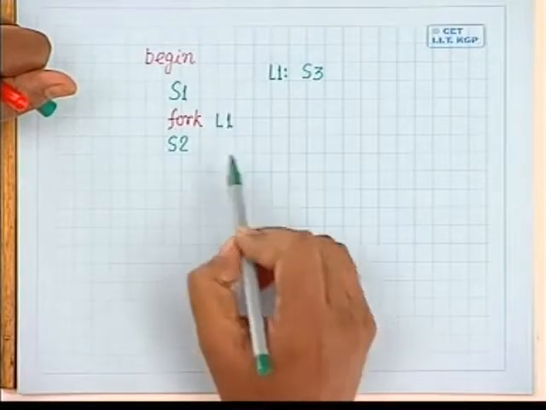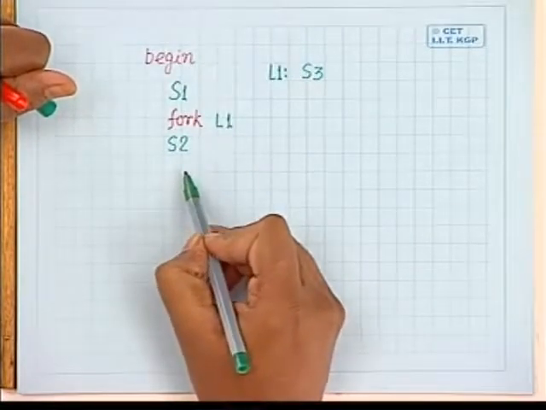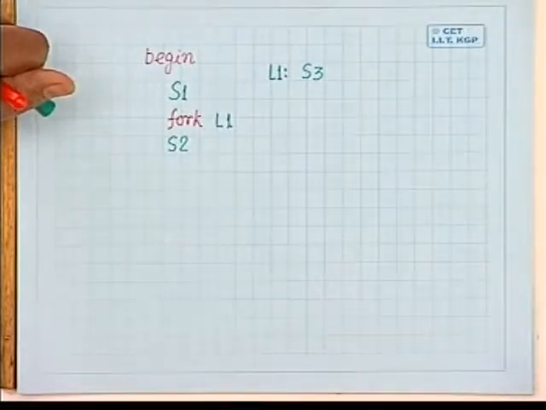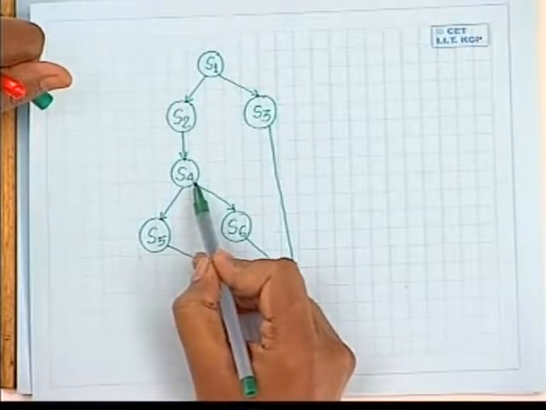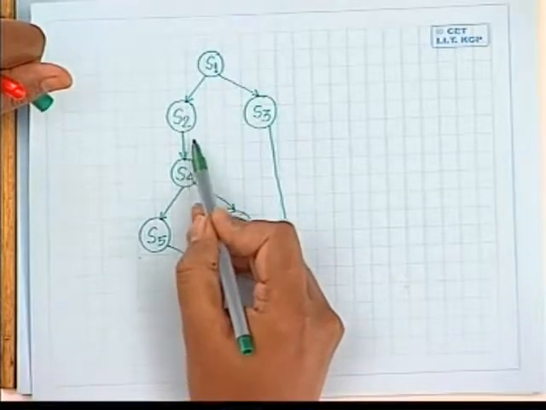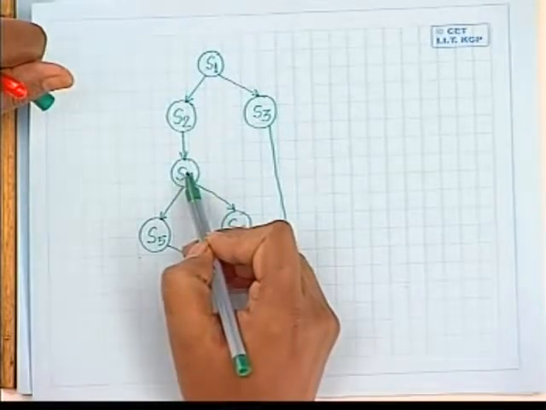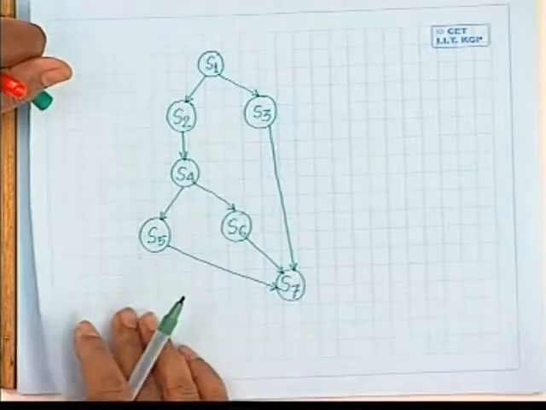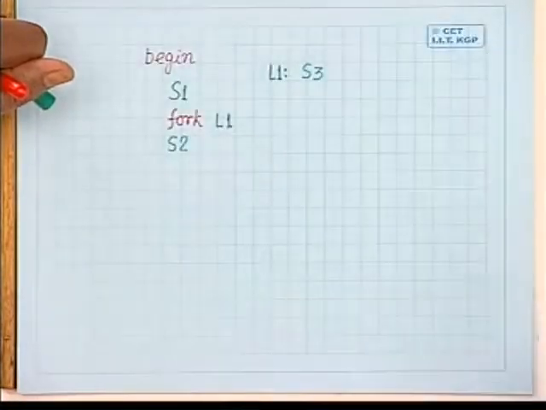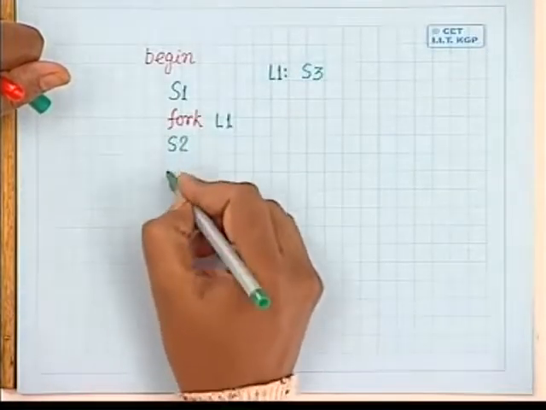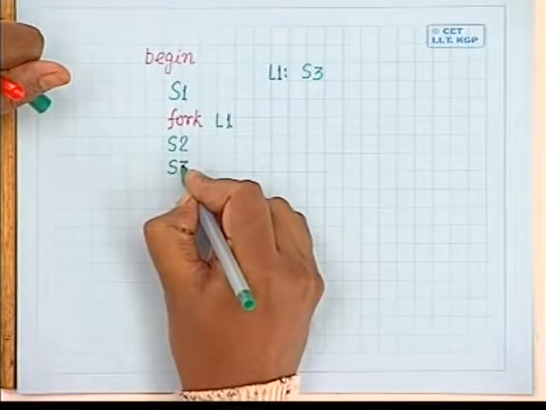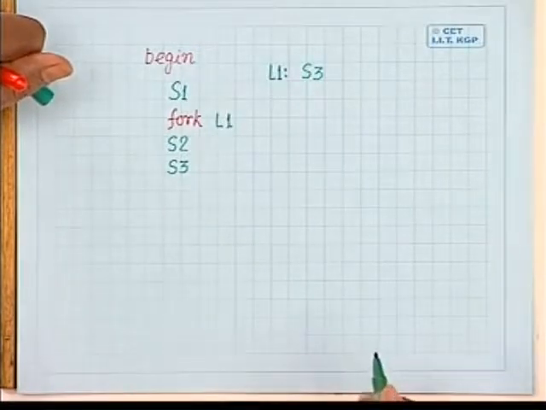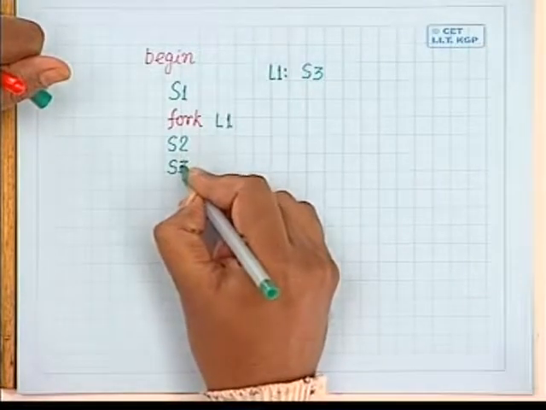After S2, the same process has to compute S4 because S4 comes in sequence after S2, and here I cannot have any concurrency as per our precedence relation. So after completion of S2, the same process will continue with S4.